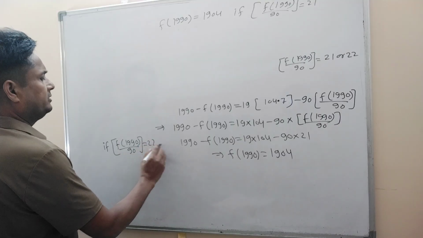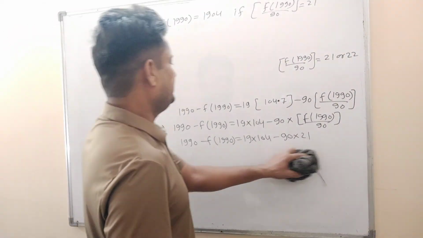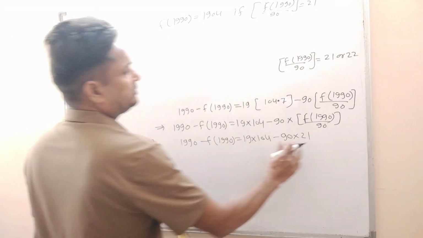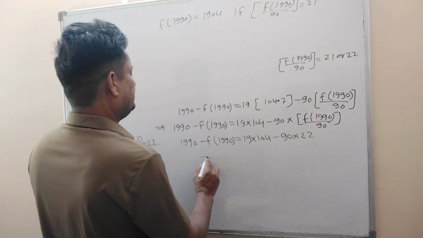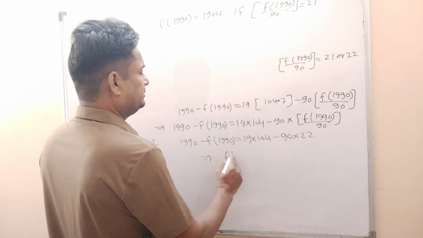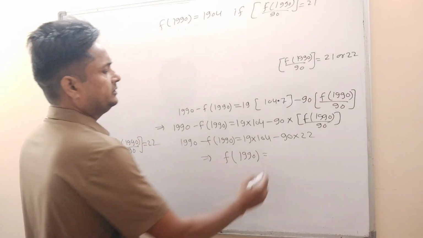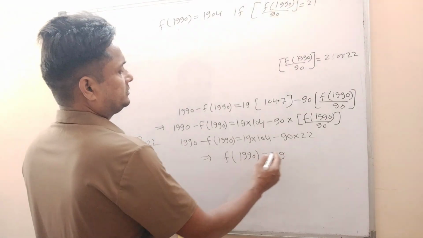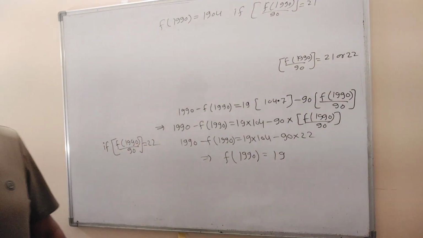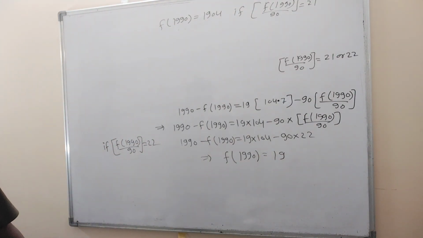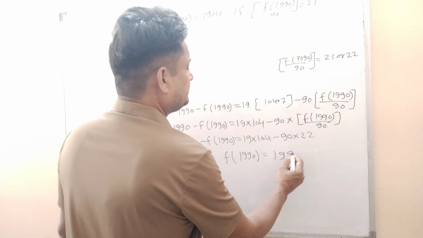Now if we take 22, the value of this one is 22. Now from here calculate, simplify this, and you will get the value of f(1990) as 1994.